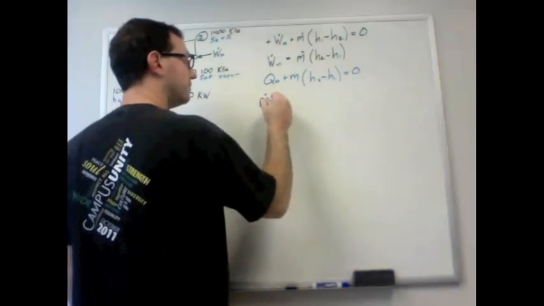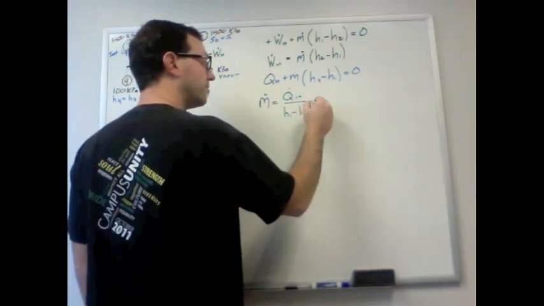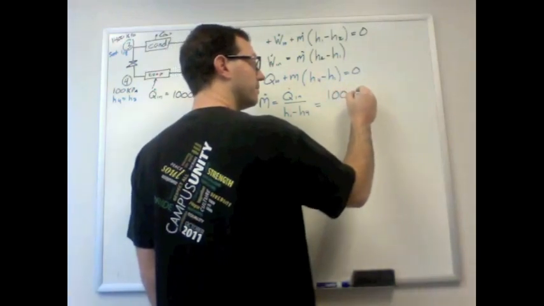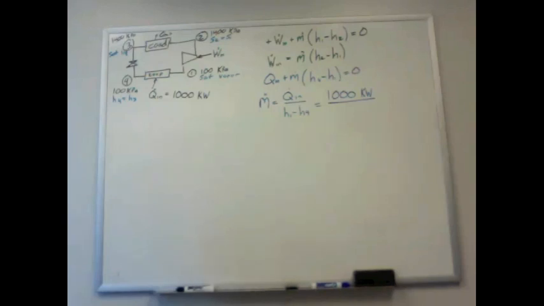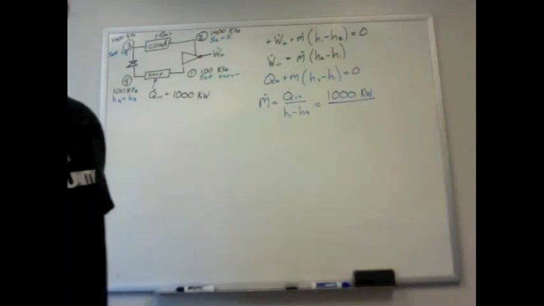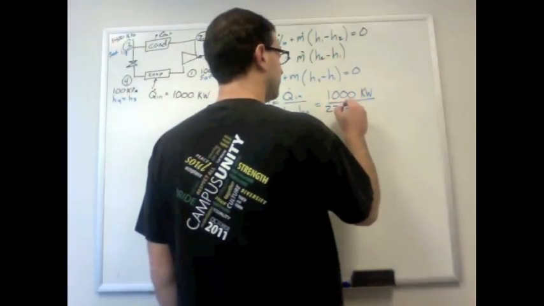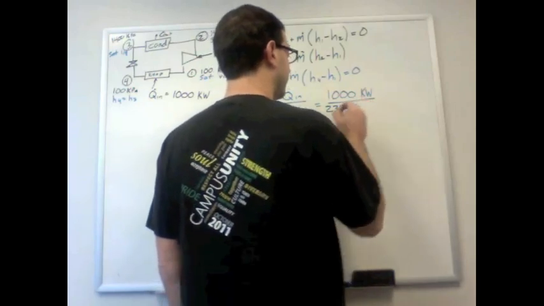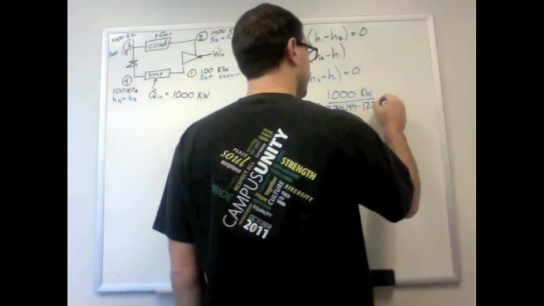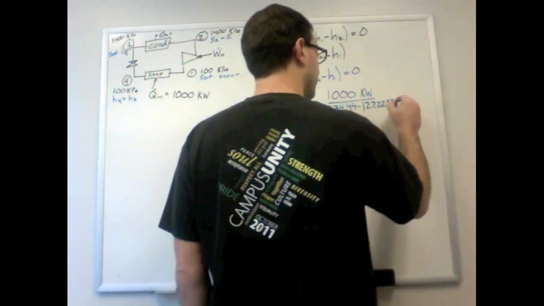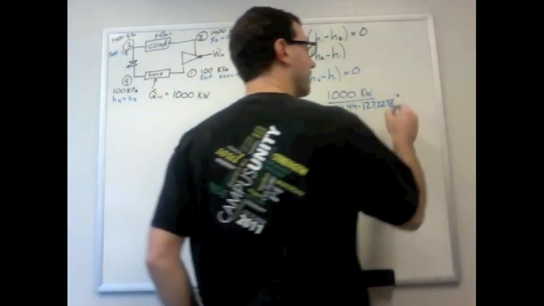So the mass flow rate is Qin over H1 minus H4: 1000 kilowatts over H1, 234.44, minus H4, 127.22. From that we get 9.33 kilograms per second.